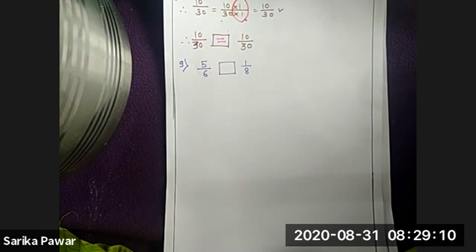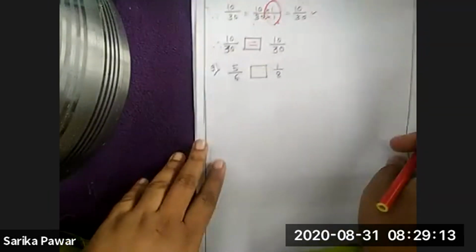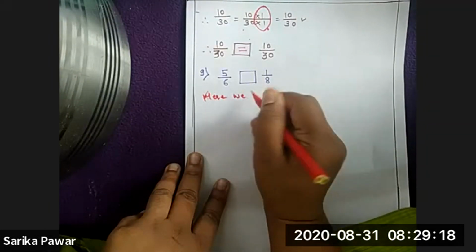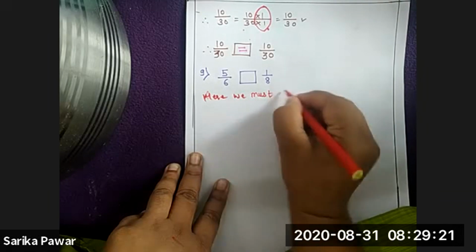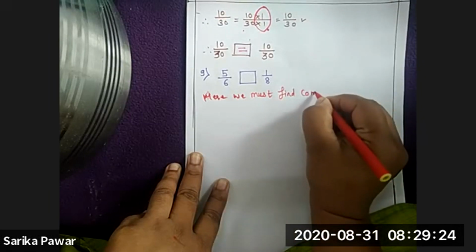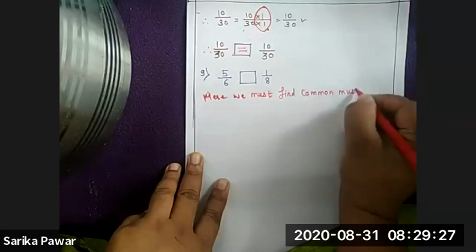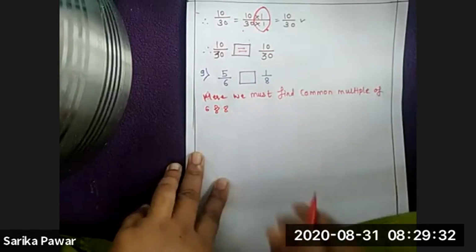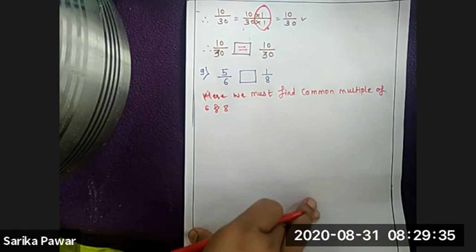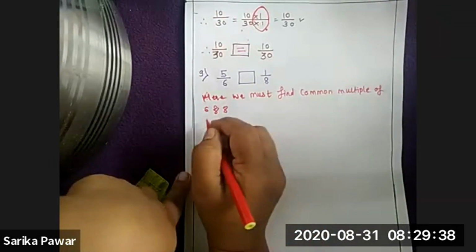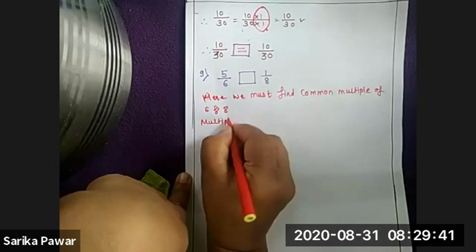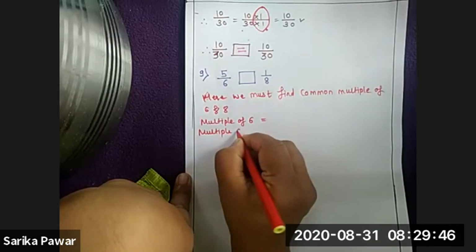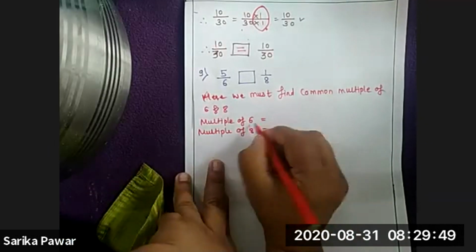Here we must find common multiple of number 6 and 8, isn't it? So for that, what we have to do first? We have to write multiple of 6. Multiple of 6. Multiple of 8. Okay.